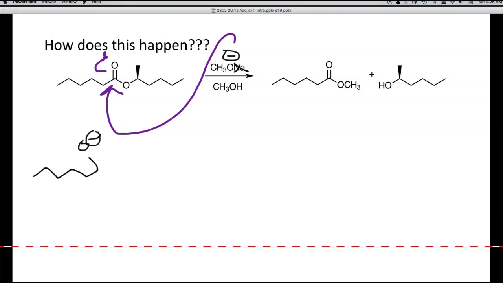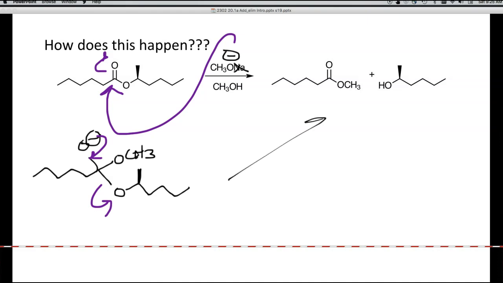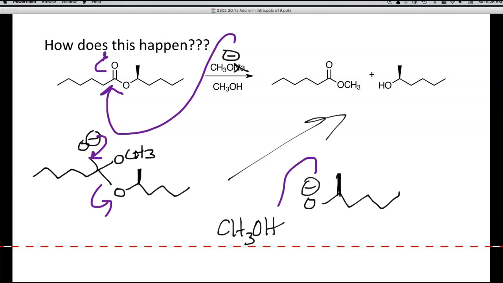We are absolutely, positively certain that we get a tetrahedral intermediate, and then we are absolutely certain that the tetrahedral intermediate collapses to kick out the initial leaving group, and that initial leaving group subsequently, in the workup or from your other alcohol, picks up the proton to give you your final products.